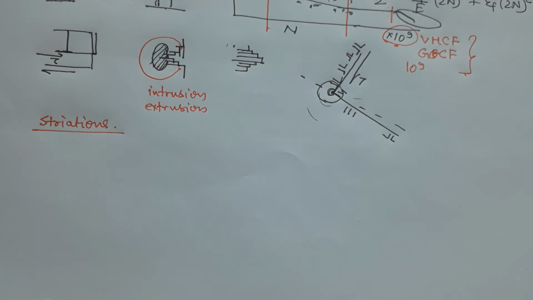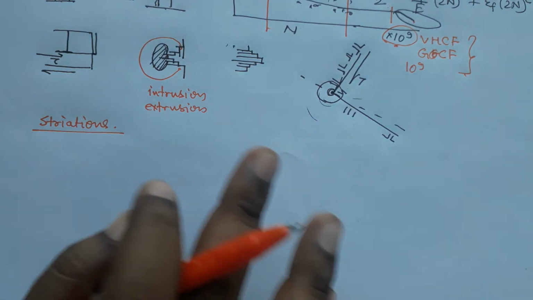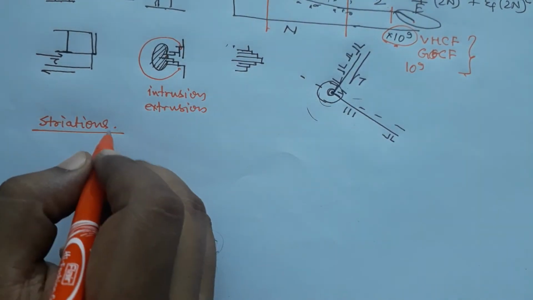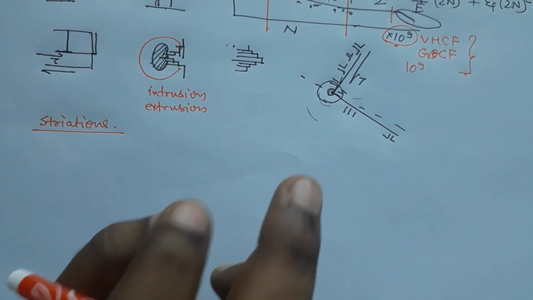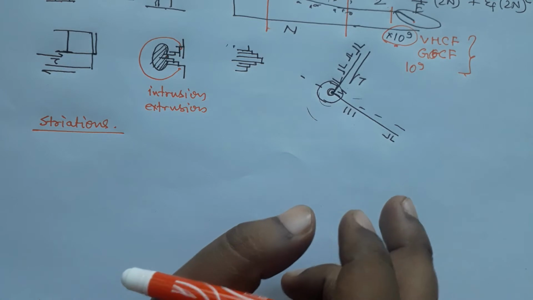The naked eye signature of fatigue is called beach marks, but beach marks are not necessarily available in all kinds of fatigue fractured specimens or components. Also, striations are not visible in all fatigue failures because striations can be very small, but striations do give you some information about what kind of material deformation you have had in the specimen.